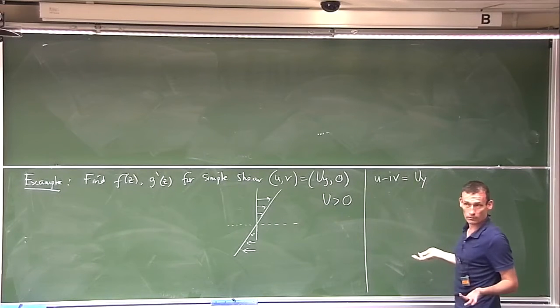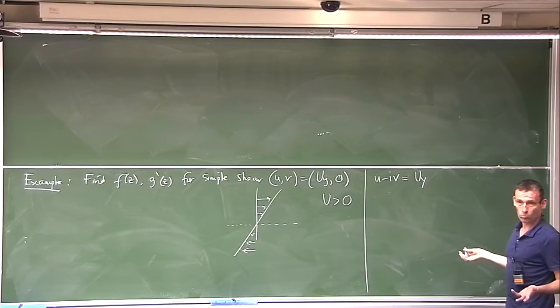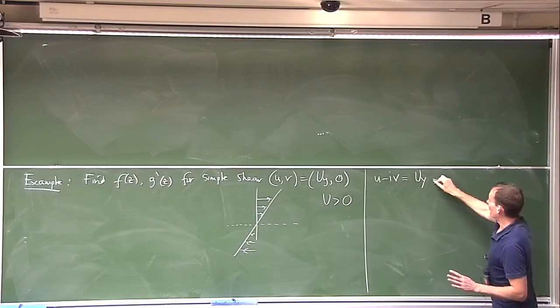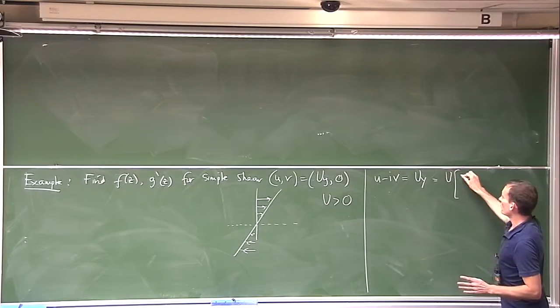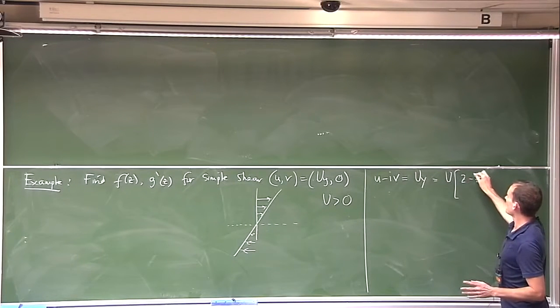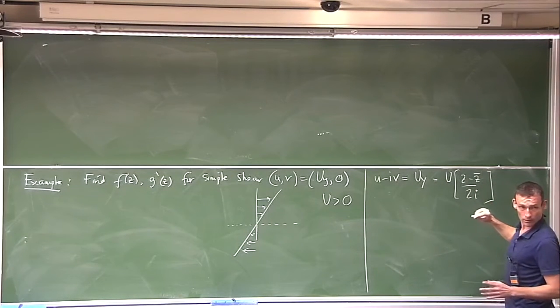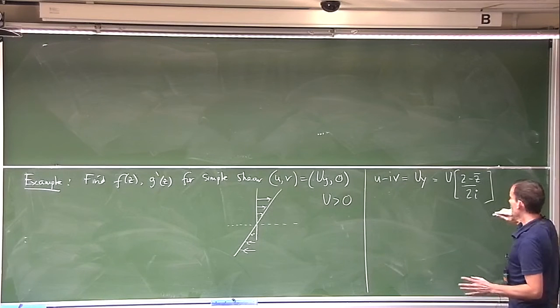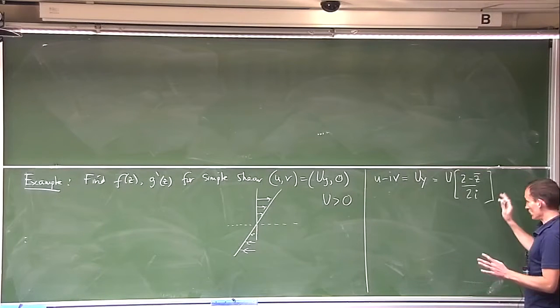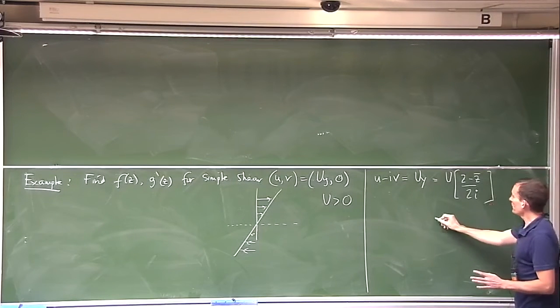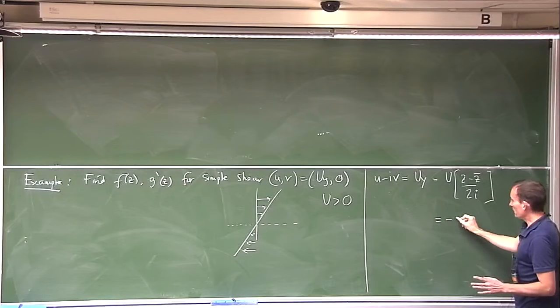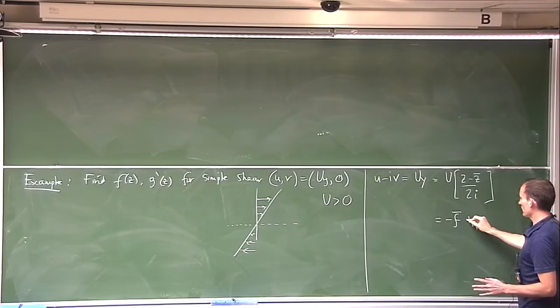But of course, y, we all know, is z minus z bar over 2i. That's the shear flow. But we also know that this is related to F and G like this.